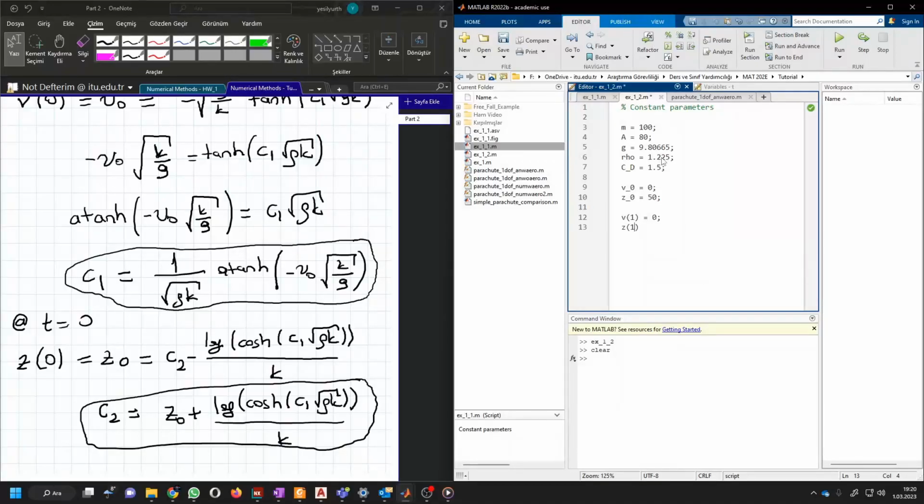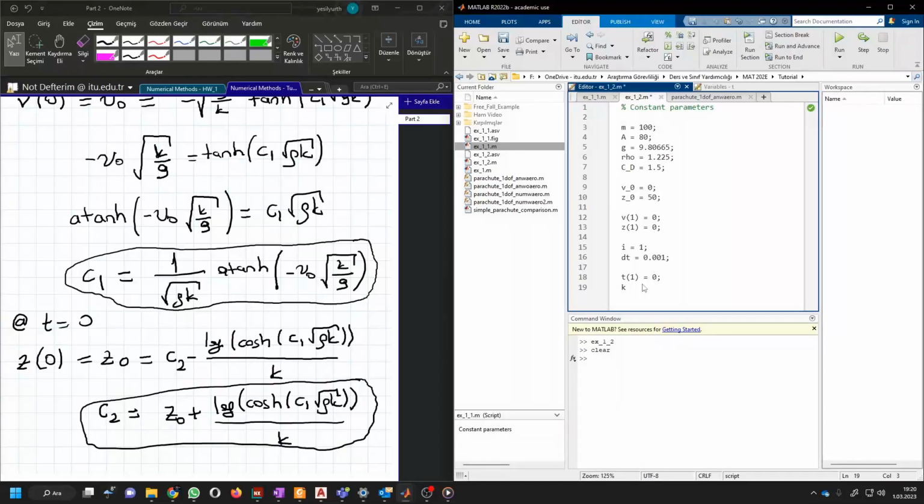I will declare my counter i equal to 1, dt equal to 0.001, start t1 as 0, and I will also declare this k variable before the calculation.